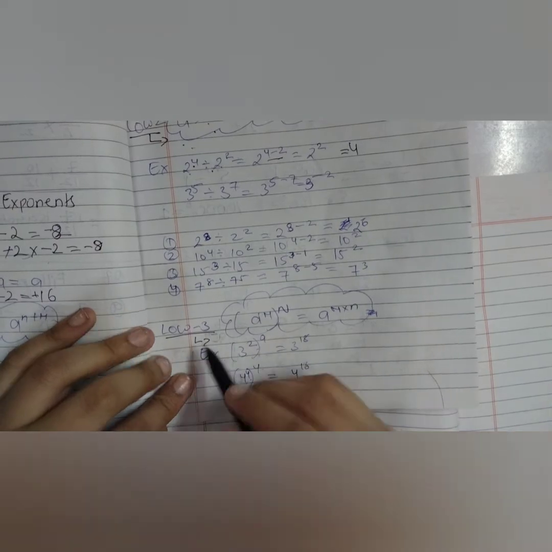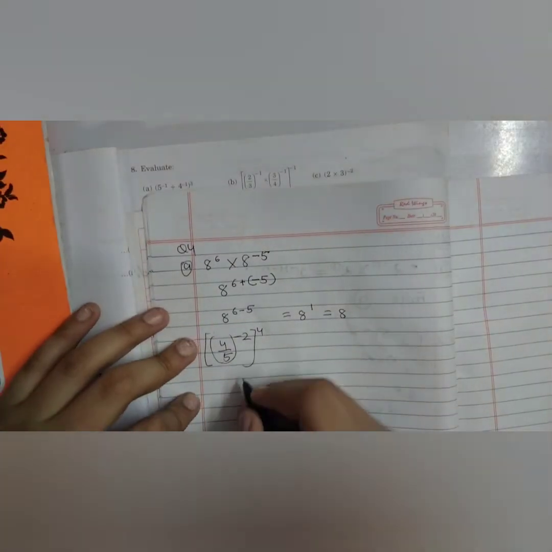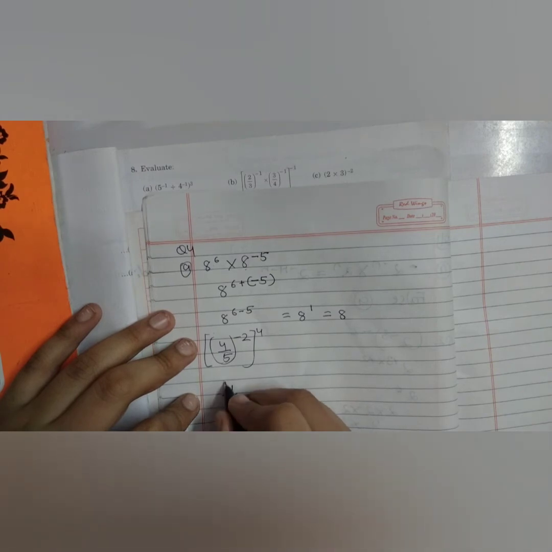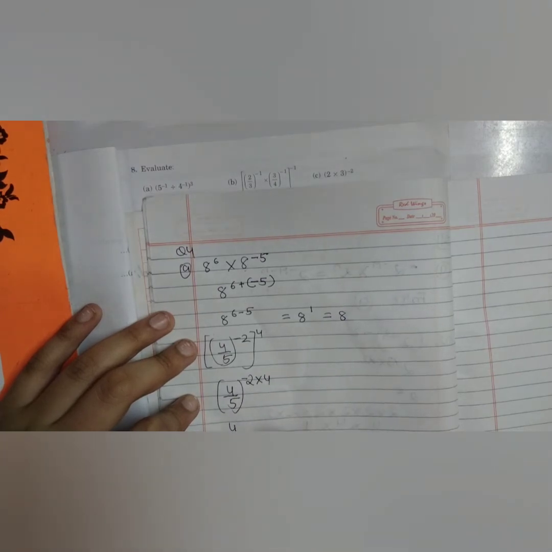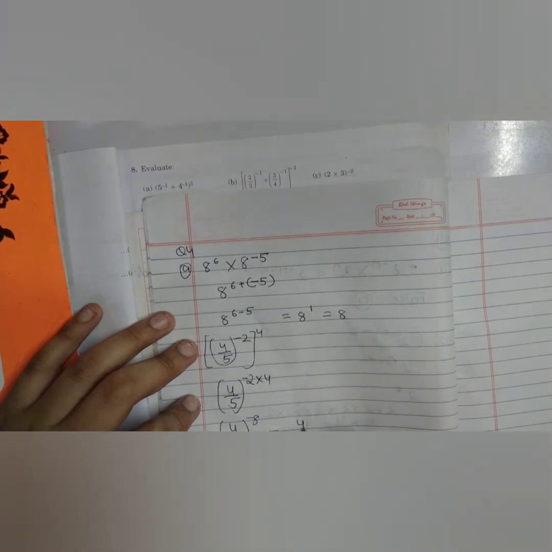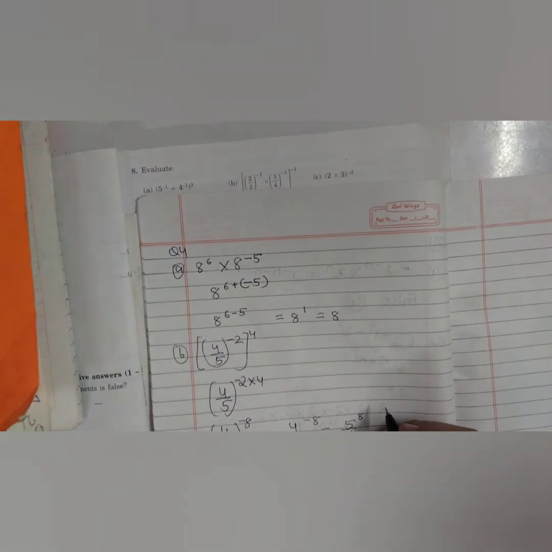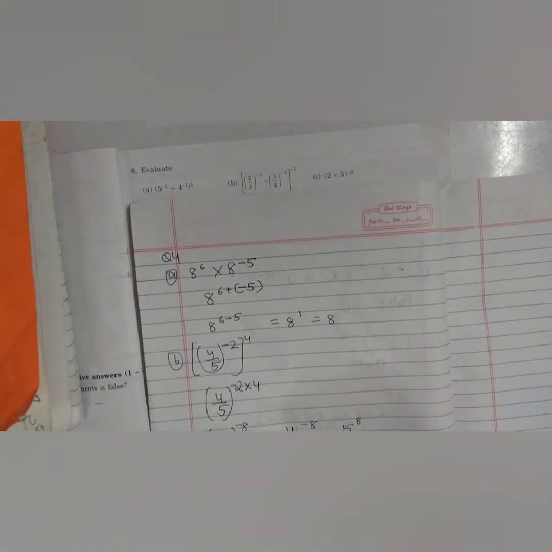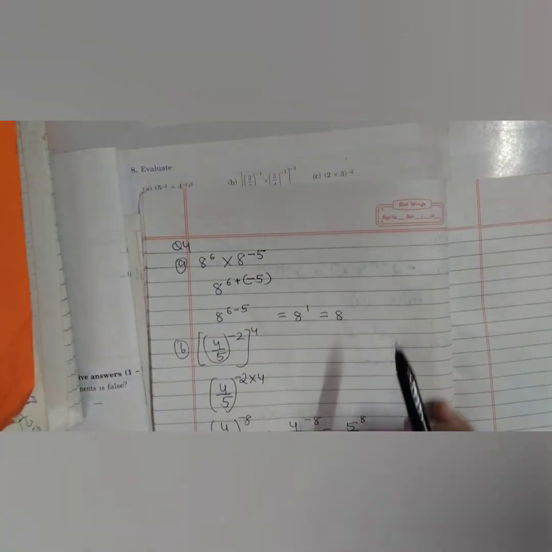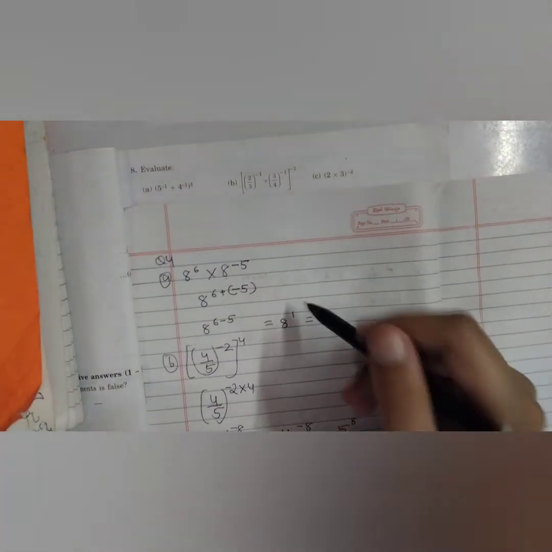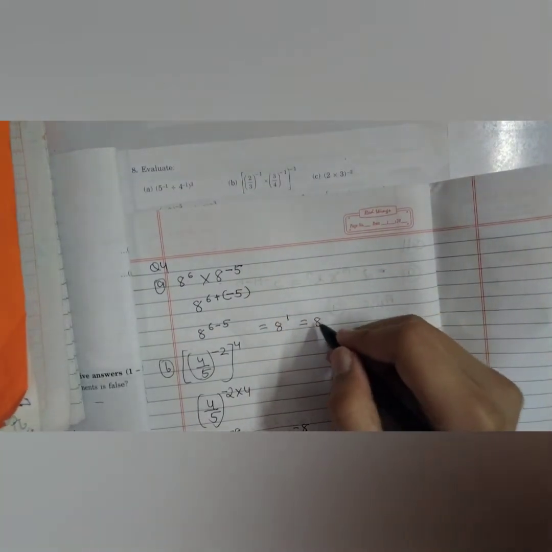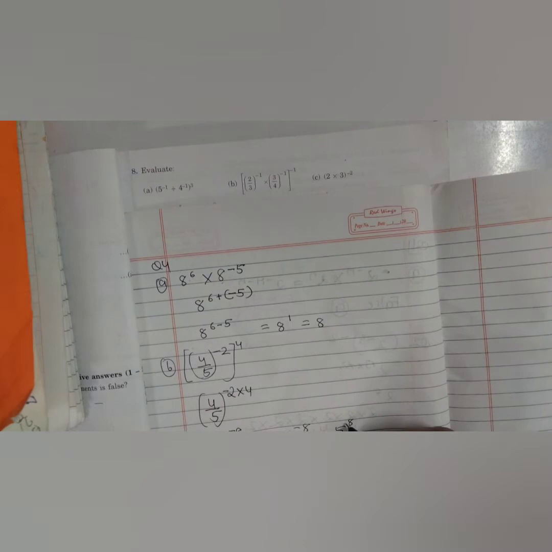So 4/5 raised to minus 2 multiplied by 4 is 4/5 raised to minus 8, is equal to 5/4 raised to the power 8, because in the fourth question we have to make all the powers positive. So we have done it here also, this is positive, not negative.